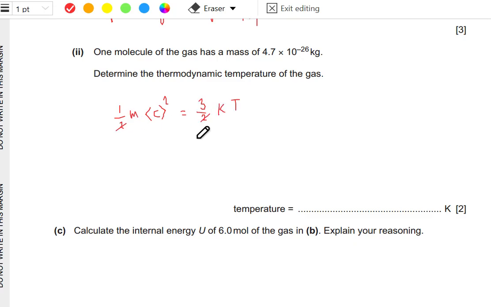We can eliminate 2 and we can rearrange for temperature like that. After that, we can directly substitute with the values we have.